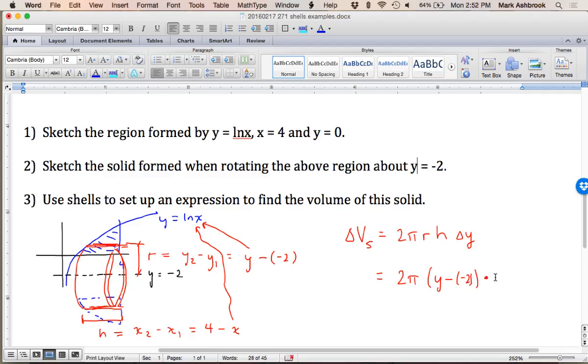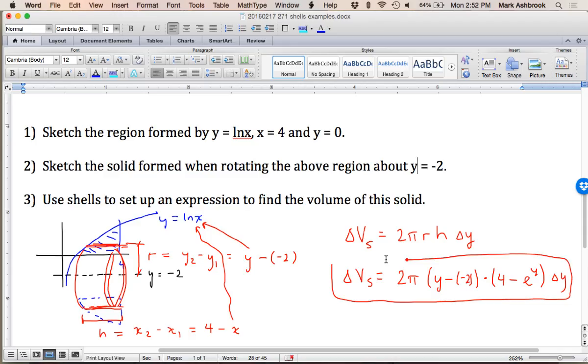The height of the shell is our 4 minus x, our change in x. But we need it in terms of y. So 4 minus x equals e to the y, the inverse of natural log, delta y. Someone's happy. Someone got it.